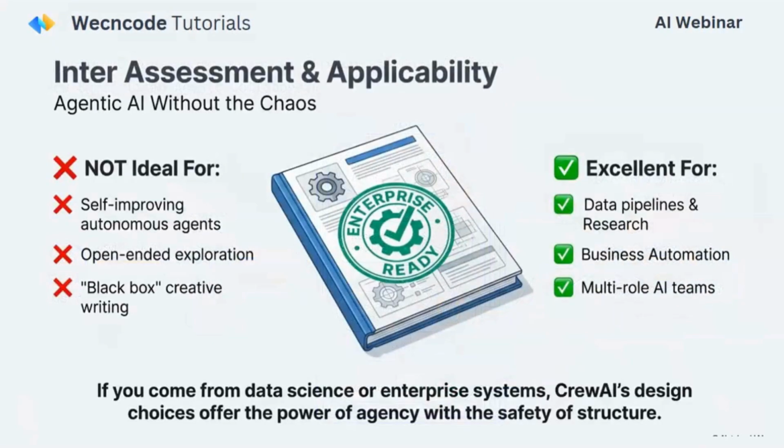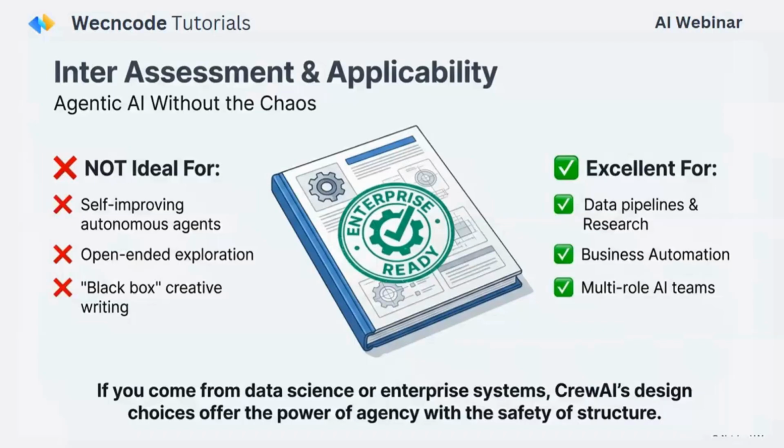So, assessment and applicability. What we are trying to look at here is agentic AI without chaos. When you are building your agent, you should be sure that your agents will respond the way you want, or how well they respond to your query.